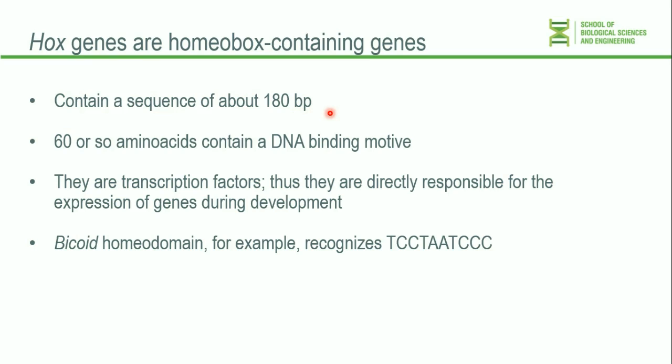Now, when transcribed and translated, these 180 base pairs of DNA are going to produce 60 or so amino acids. And the sequence of amino acids is a DNA binding motif. That is, this particular sequence has a very high affinity for DNA on those segments of the gene in the control region that will determine whether or not a particular gene is transcribed.